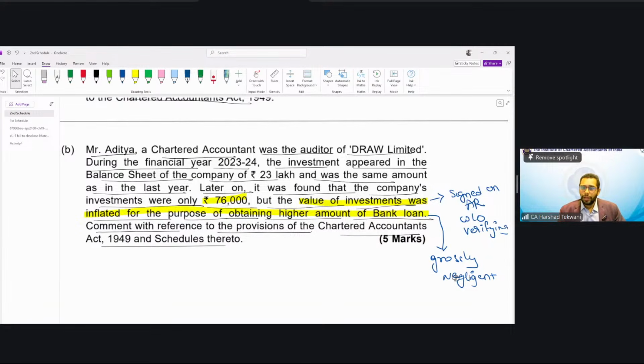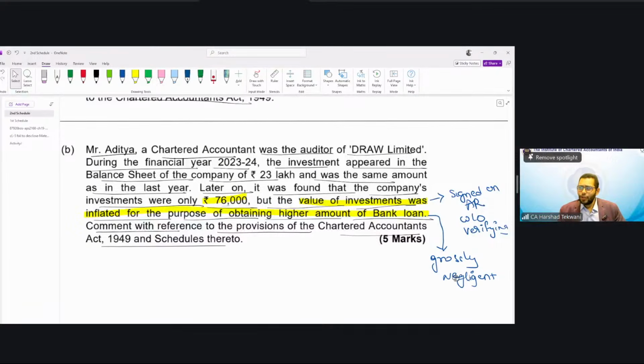Now, is there any other clause that I can apply over here? Why not clause 8?